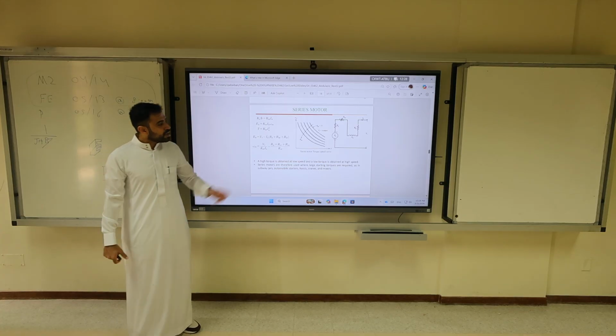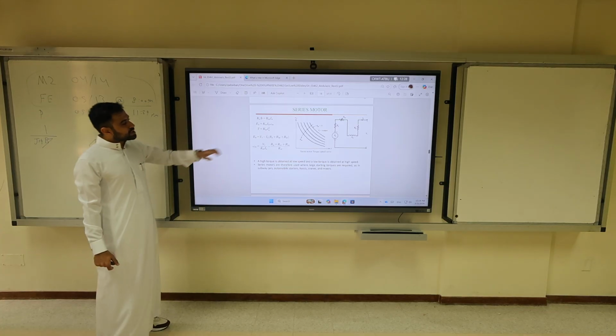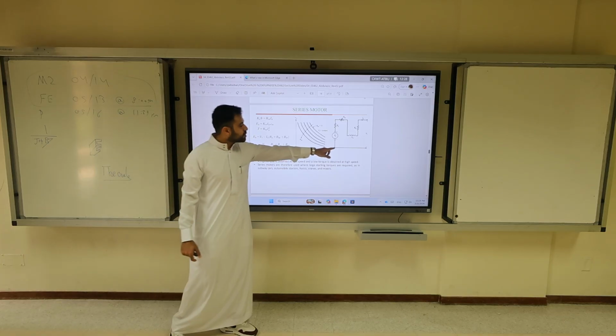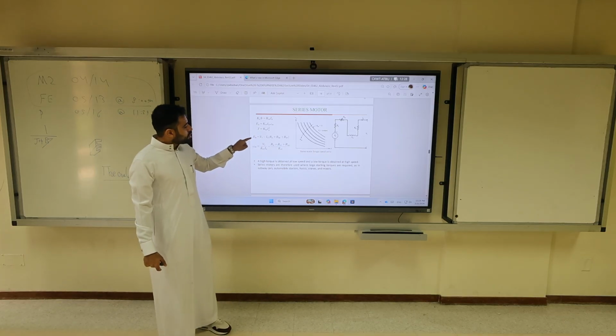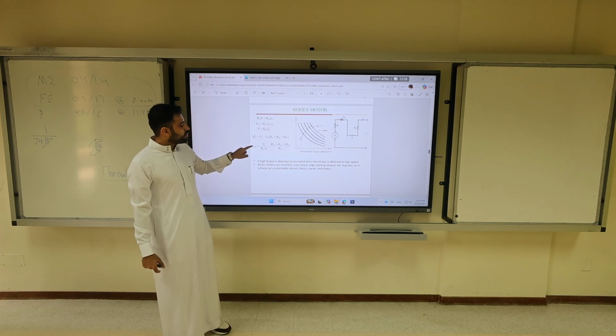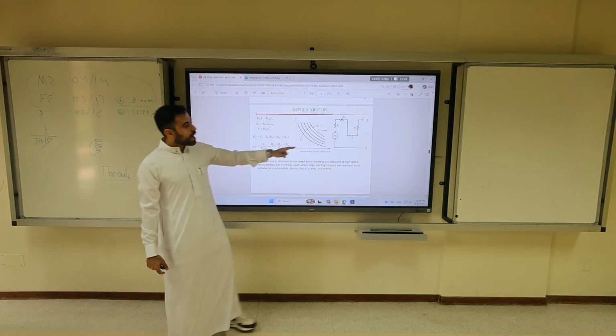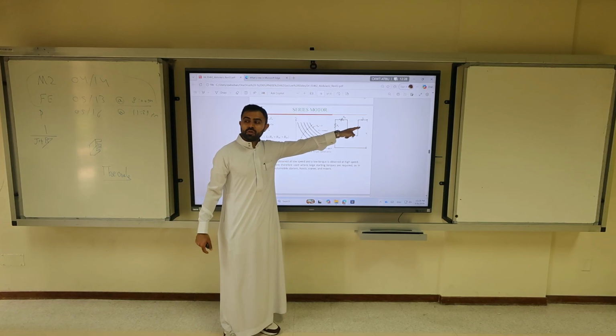Okay? So look at the series motor. This is the equivalent circuit of a series motor. What will happen if you do the same trick and write omega as function of voltages and currents? It will be Vt over K times the current Ia. Note that Ia will change depending on the loading condition for the series motor.